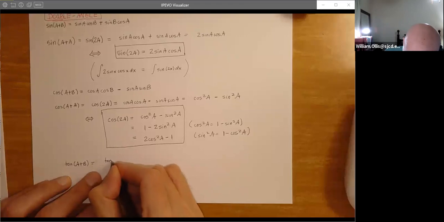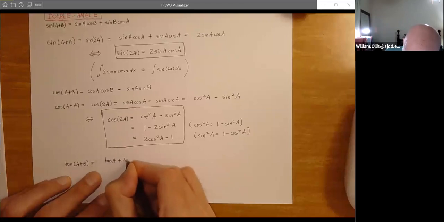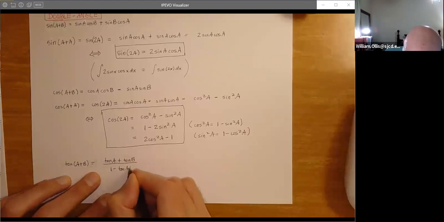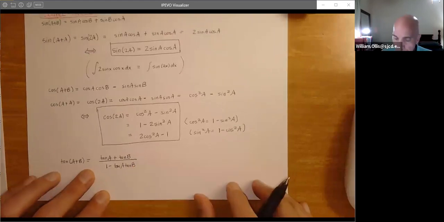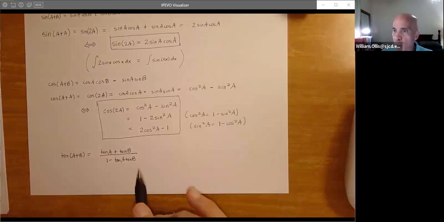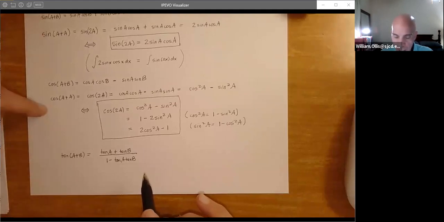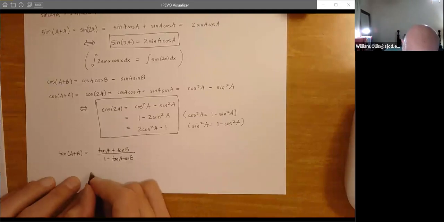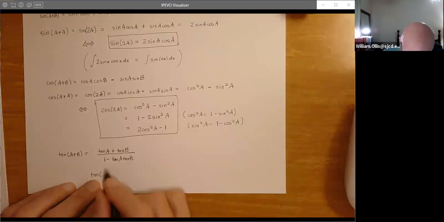This is tangent A plus tangent B divided by 1 minus tan A tan B. So again, just like with these, we can now rehash them. So now replace B with A. So we get A plus A, and this is tangent of the double angle.